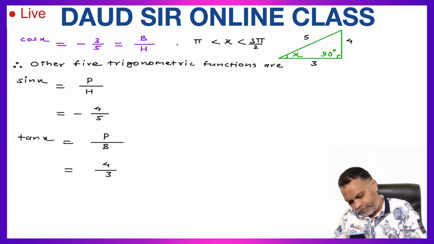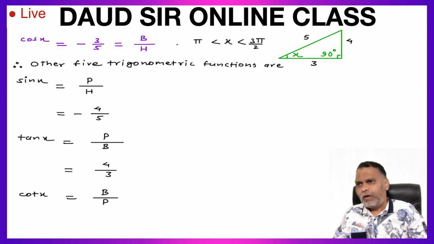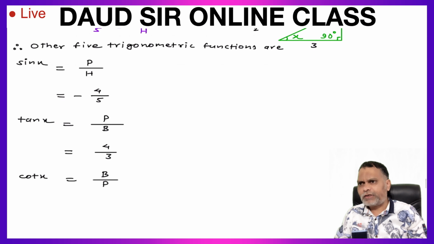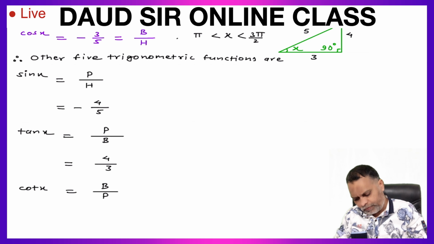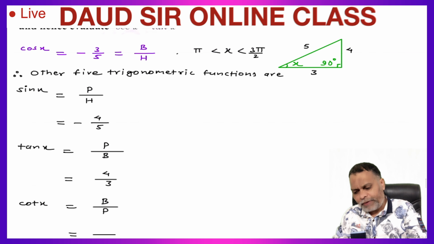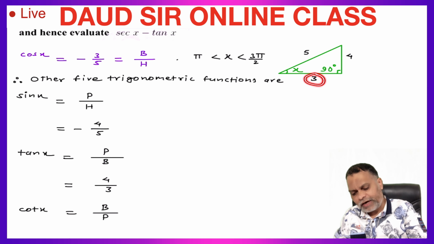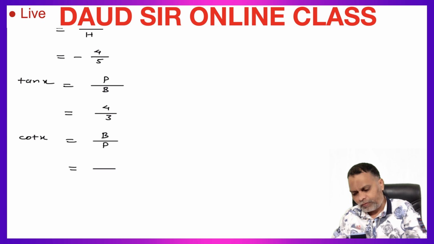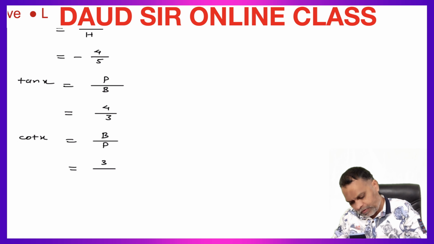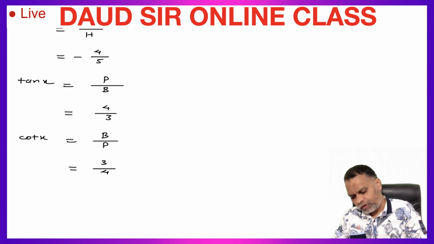Then cot x is equal to base upon perpendicular. Cot x is also positive in the third quadrant, so plus sign. Base is 3 and perpendicular is 4, so the value of cot x is 3 upon 4.